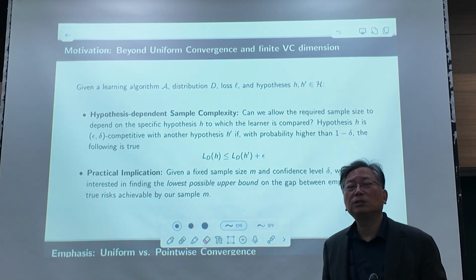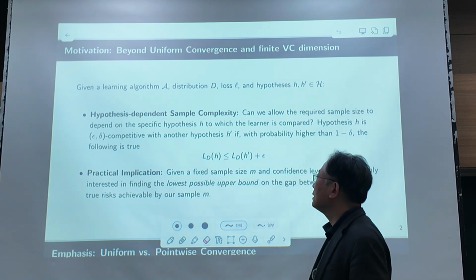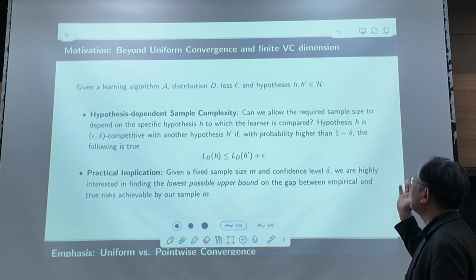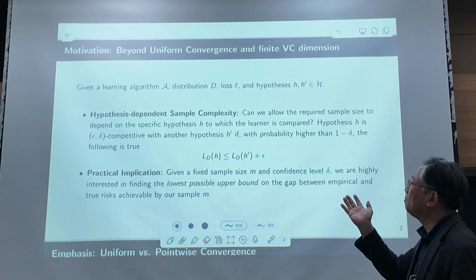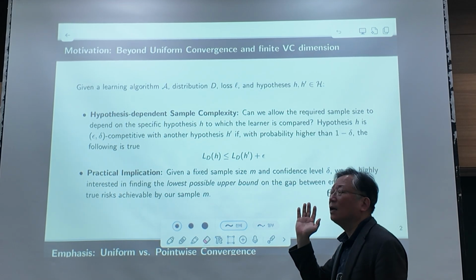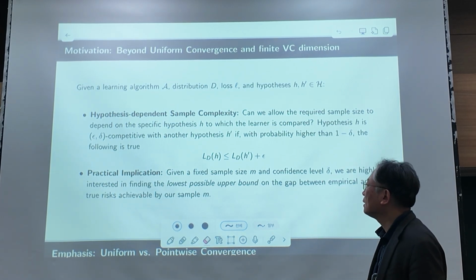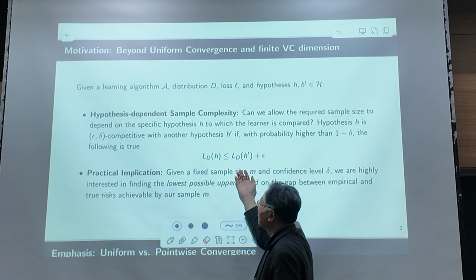So we're going to relax this and ask: can we allow the required sample size to depend on specific hypotheses? And then I have this definition that the book has.